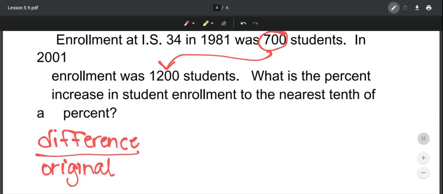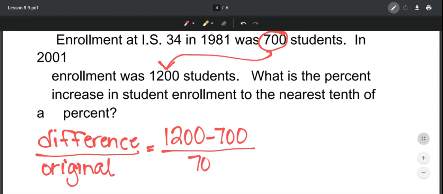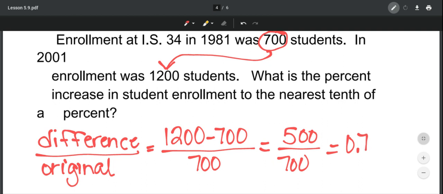And the difference would be 1,200 minus 700. The original is 700 because the school originally had 700 students before it then had 1,200 students. So here I would divide 500 by 700 to get 0.7142.